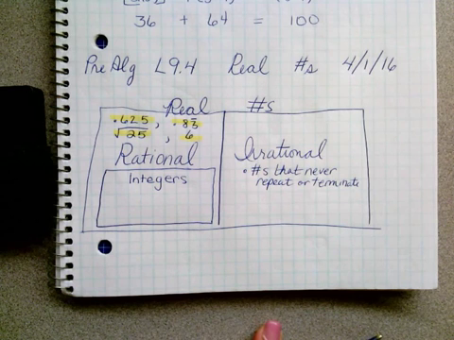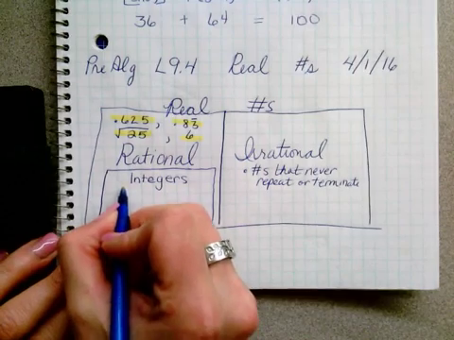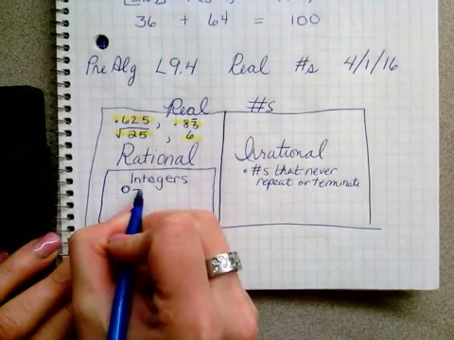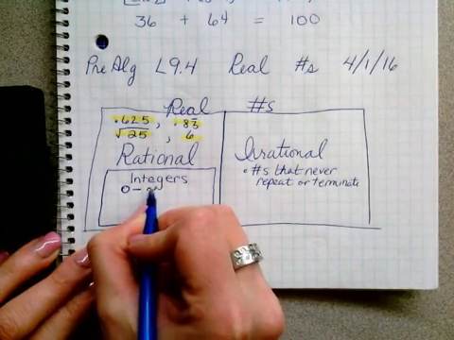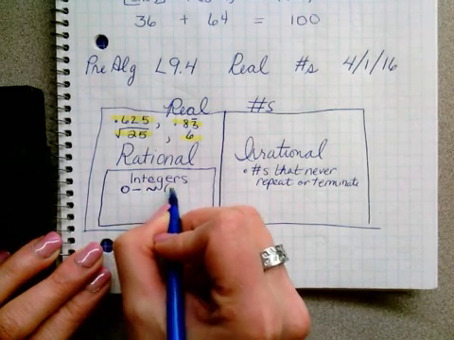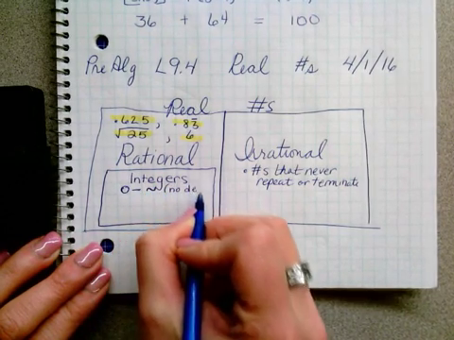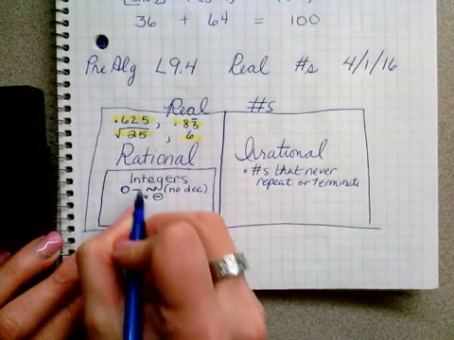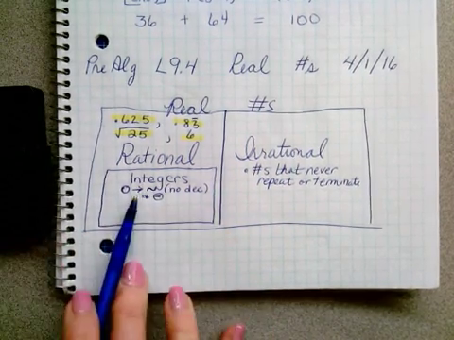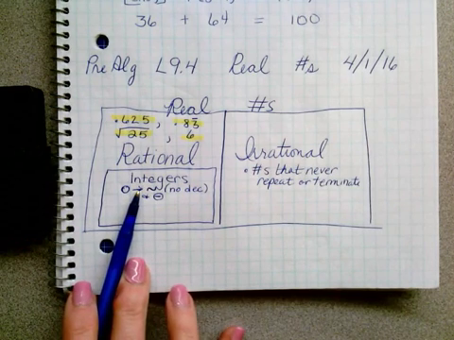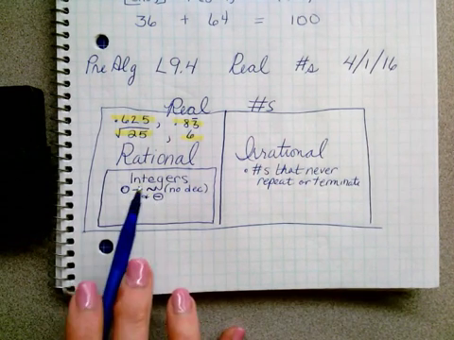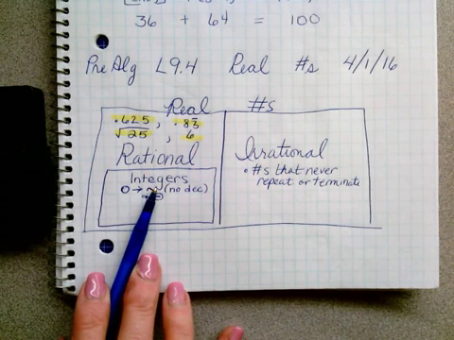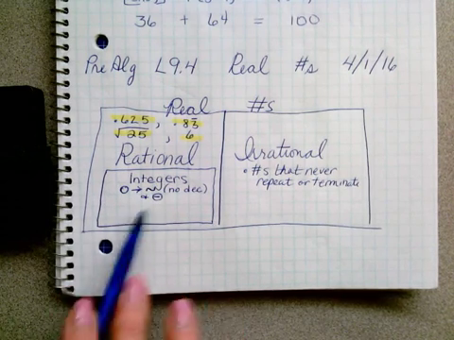Put simply, an integer is a number from 0 on up to infinity, no decimals, and their opposites. Okay? So positive 1, negative 1, positive 2, negative 2, positive 3, negative 3, into infinity. This is an example of an integer. Just a couple of them listed there for you.